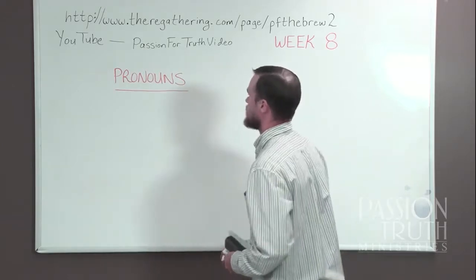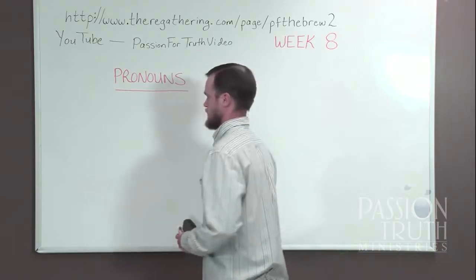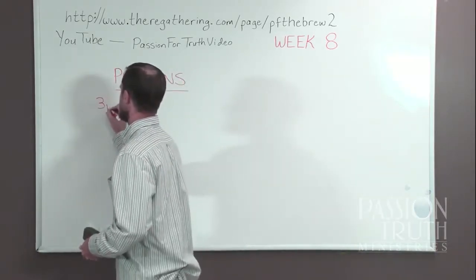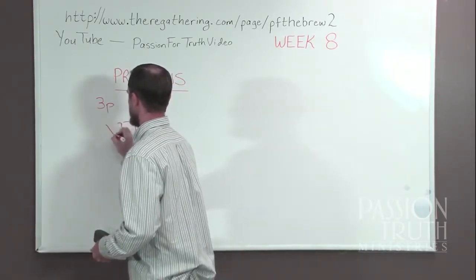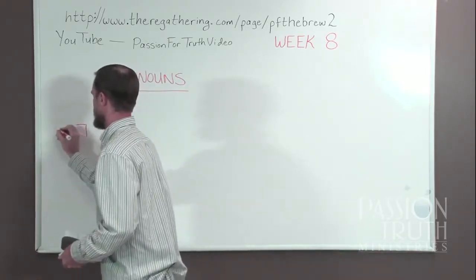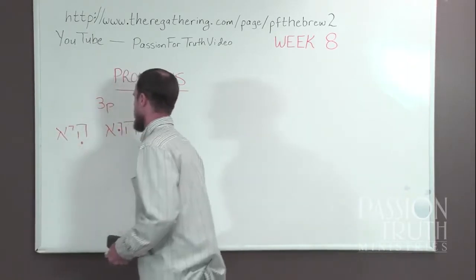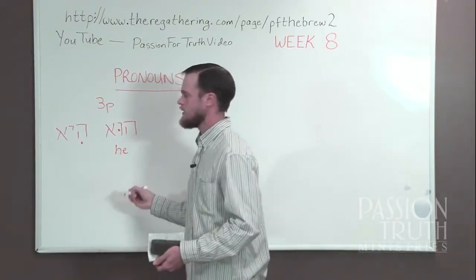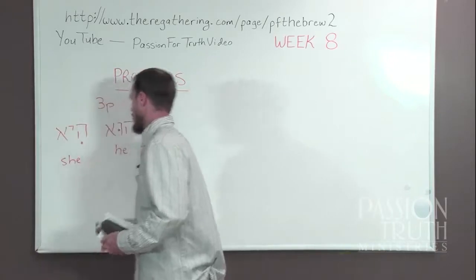Okay, so pronouns. Last week we talked about the third person pronouns and the first person pronouns. The third person singular are hu and hi. Hu means he, and hi means she.